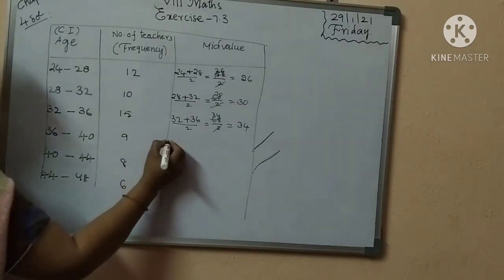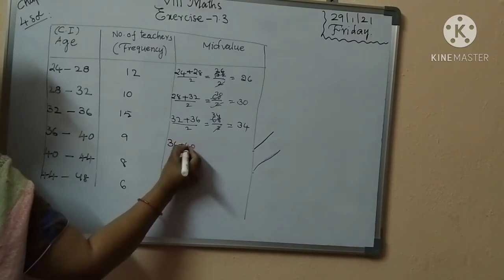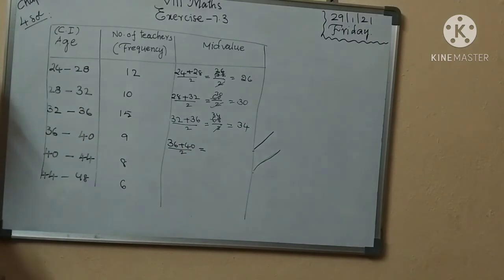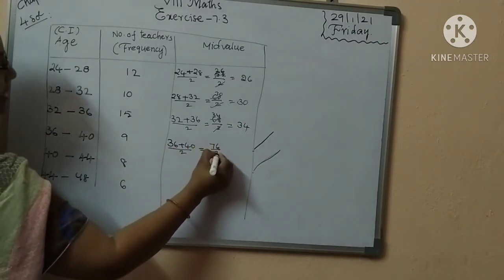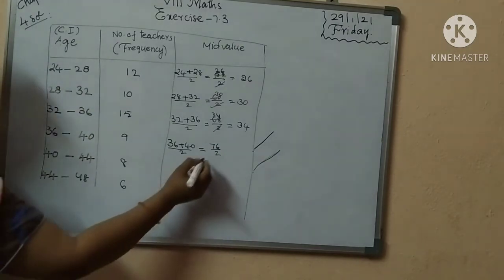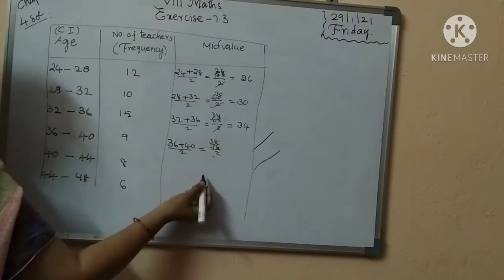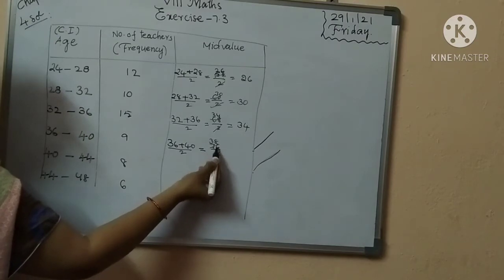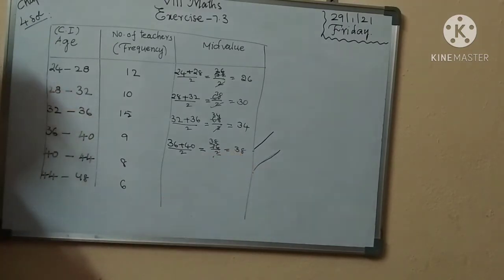And 36 plus 40 by 2, so here 76 by 2. Okay children, 76 by 2. 3 2s are 6, 8 2s are 16. 7 minus 6 is 1, 1 6 16. 8 2s are 16. So the mid value is 38.